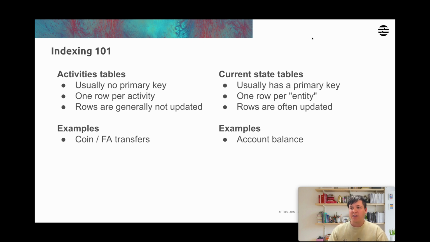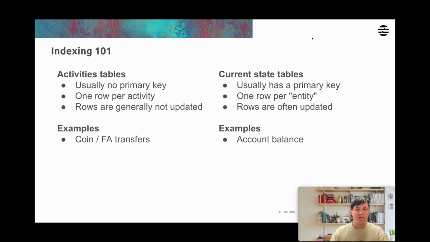Current state tables, on the other hand, are sort of one row per entity. You can imagine something like account balance. Every time some sort of coin-related activity happens, we also want to update the account balance in this table. So usually they have a primary key. In this case, it might be the account address, and then the value that we update is the account balance.